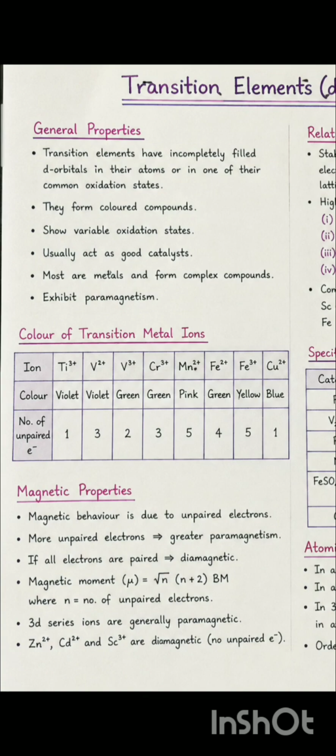Chromium, molybdenum, and tungsten possess more unpaired electrons, so they have higher magnetic moments. Mn +5 also possesses unpaired electrons.